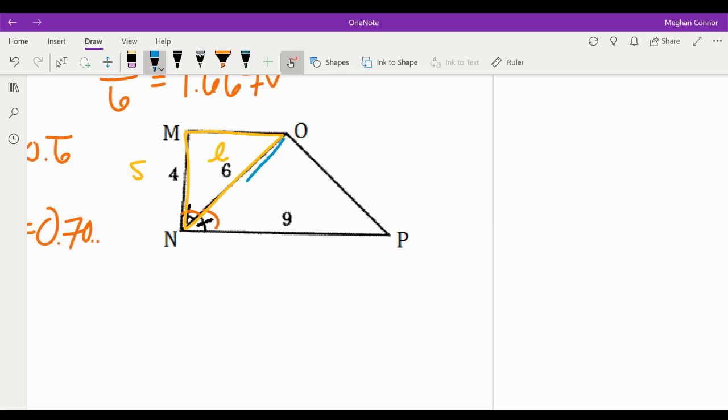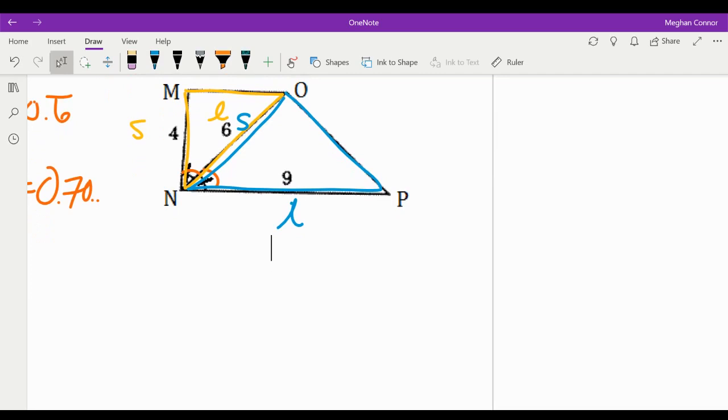But for the blue triangle, 6 is now the smaller side length and 9 is now the larger side length. So I know that one angle is equal to the other angle. To prove that those guys are similar, I would have to prove that the side lengths on either side are proportional.